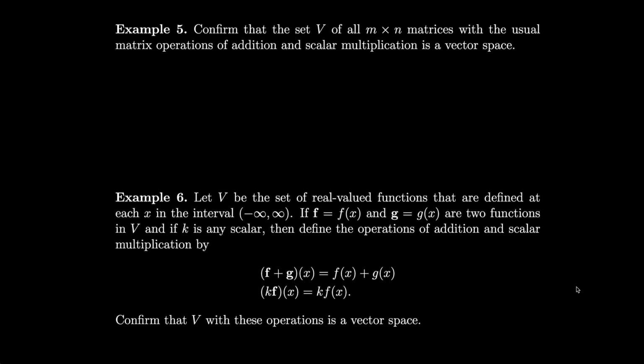Let's do another example. How about we confirm that the set V of all m by n matrices with the usual matrix operations of addition and scalar multiplication is a vector space. So notice we have addition and scalar multiplication. Those will just produce m by n matrices, same as before with the 2x2s.